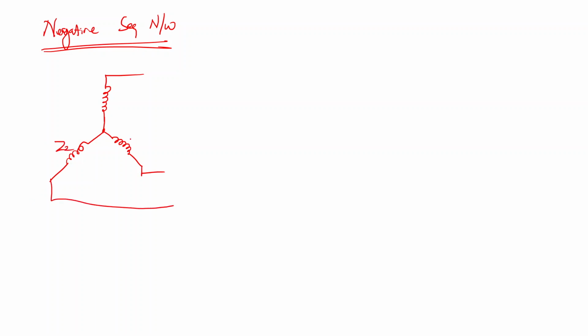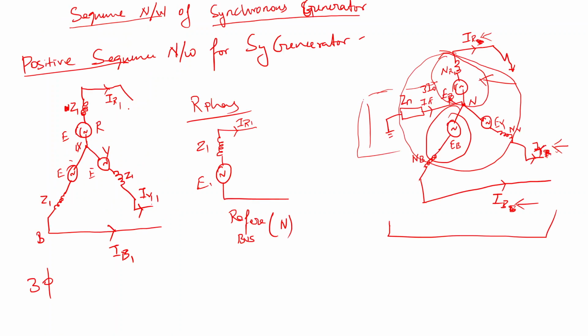Why Z2 here? Z1 only, no? Negative sequence. Very good. So I modified this network to negative sequence by removing the EMF, and I also changed the value to Z2.